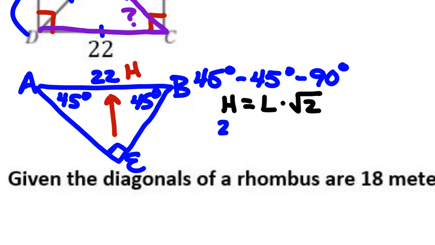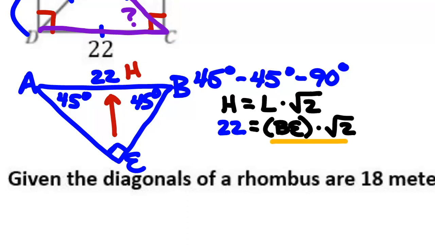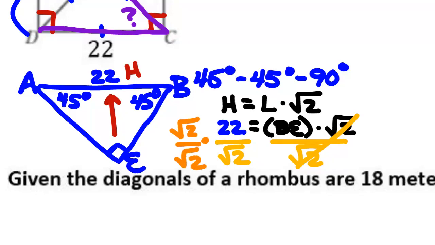The hypotenuse is 22, so I have 22 equals BE times the square root of 2. I'm going to divide both sides by the square root of 2 to get BE all by itself. And remember, I can't leave a radical on the bottom, so I need to multiply the top and the bottom by square root of 2.